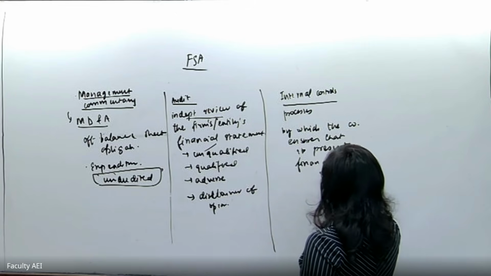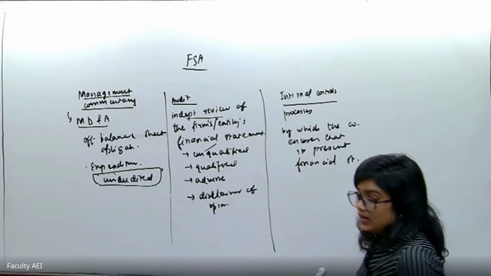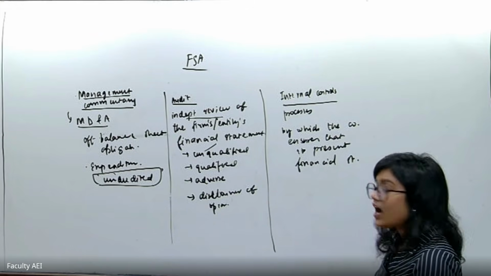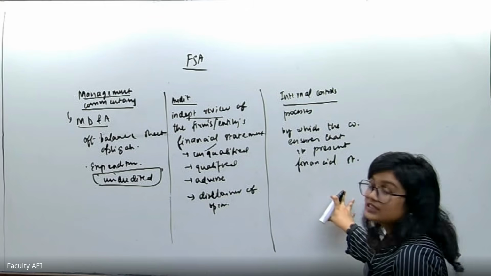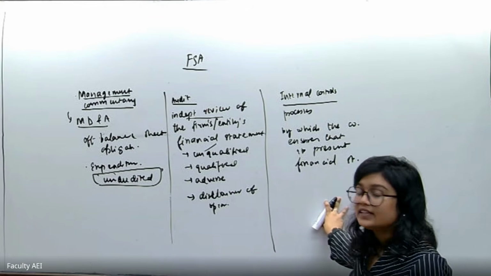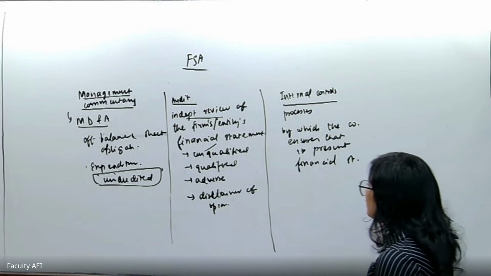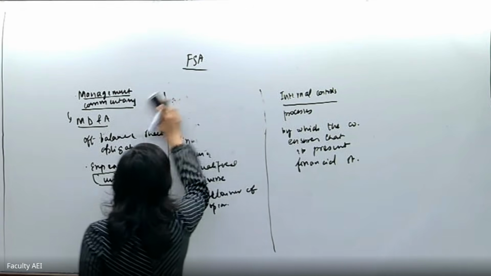These are the controls the company has placed into the organization, so that whatever statements are prepared, they are accurate. And whose responsibility is it? It is the company management's responsibility that the internal controls are in place.